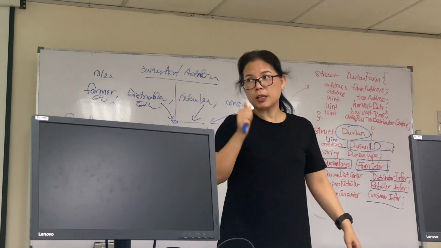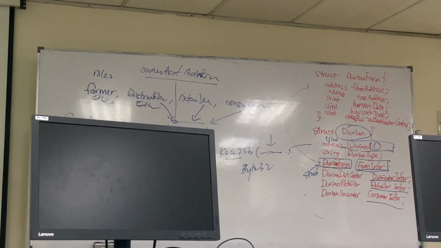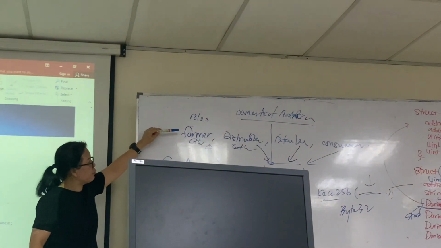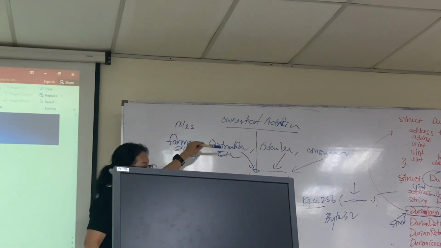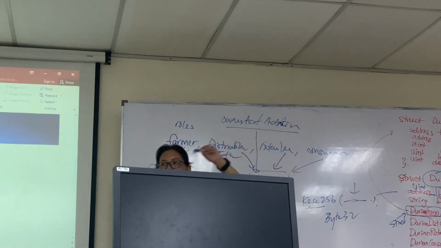You can start to do your assignments already, even though I have not covered the sending a leader yet. Try. You must go and brainstorm. You need to define what each person can do: what the farmer can do, what the distributor can do, what the retailer can do, and what the consumer can do.